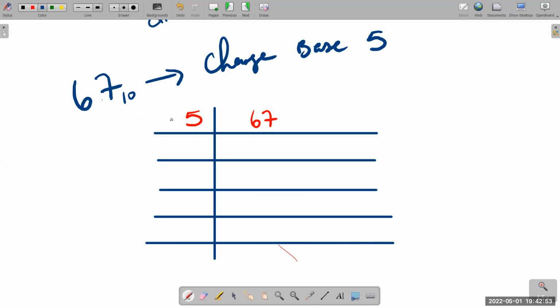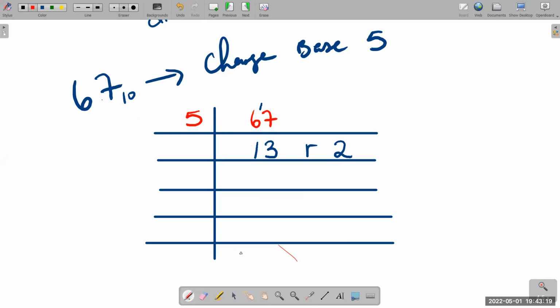All right. So the first thing you're going to say, can 5 go into 6? Yes, once. You carry over the 1 because you're left with the 1, right? It's like you're dividing 5 into 17, which goes 3 times. 3 times 5 is 15. You have a remainder. What is our remainder going to be? It's going to be 2. Everybody see that?